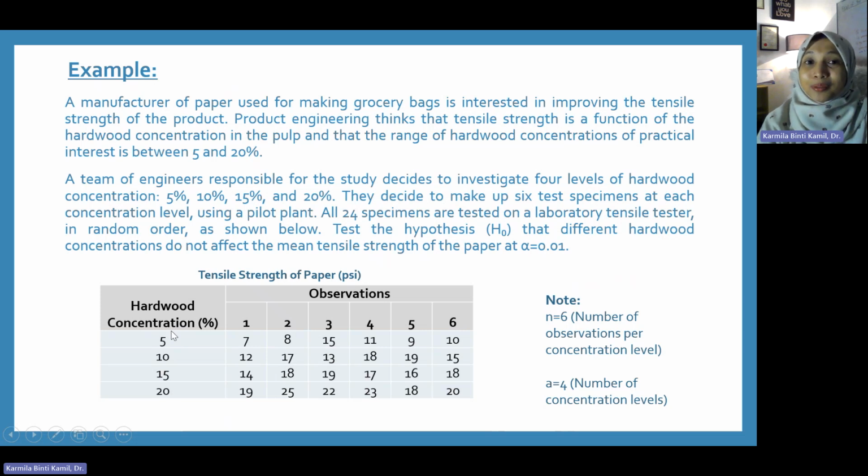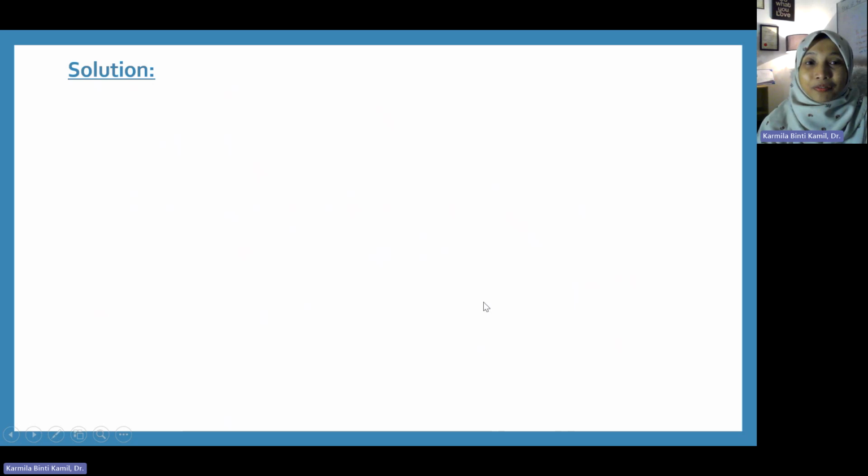Now we need to find the F critical and the F not, then compare these two, and test whether the null hypothesis is correct or not. Remember, we already defined that a is 4 from the information given and n is 6. So what is the first step?